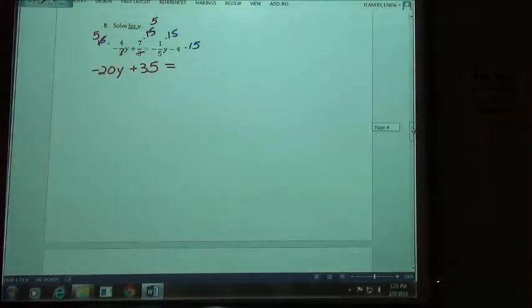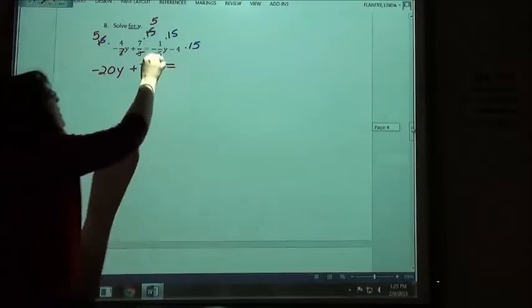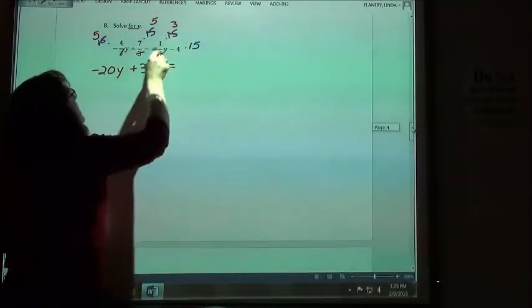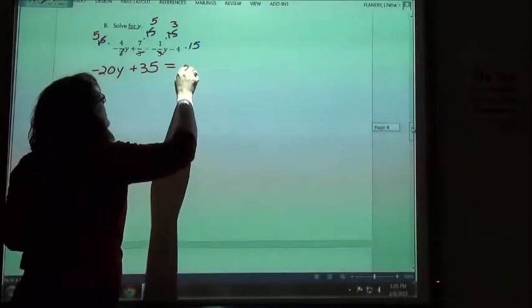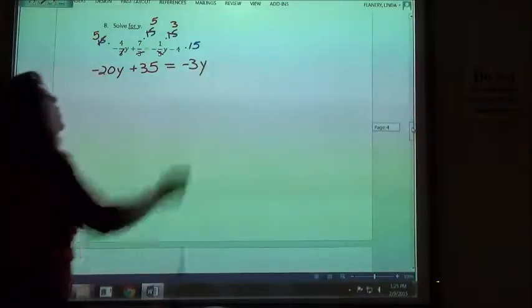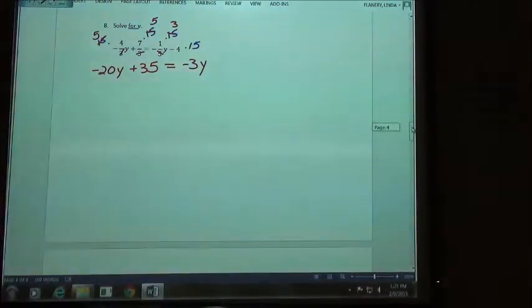Equals, on the other side, 5 goes into 15 3 times my minus 1, minus 3, and there's a y behind that one, right? Minus 3y. On the last one, there's not a fraction. It's really over a 1. You can't cancel then, so you just have to multiply.